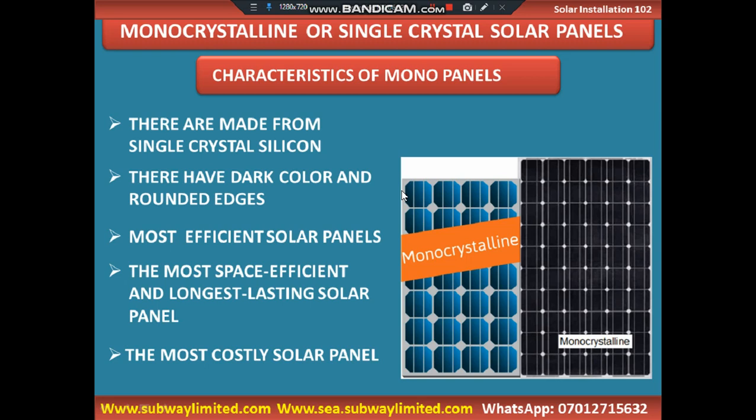They are dark in color with rounded edges. They are the most efficient solar panels, the most space efficient and longest lasting solar panels, and they are the most costly solar panels. In our next module, we are going to consider the polycrystalline solar panels.